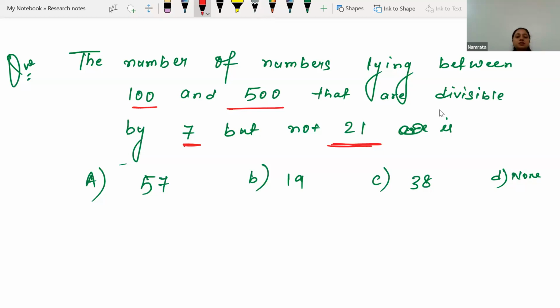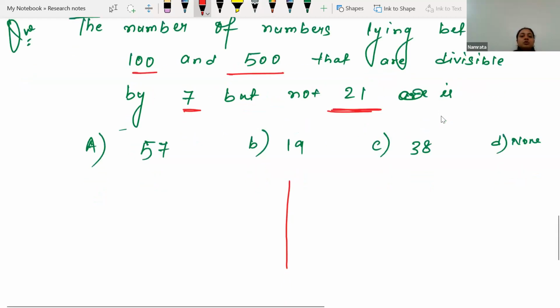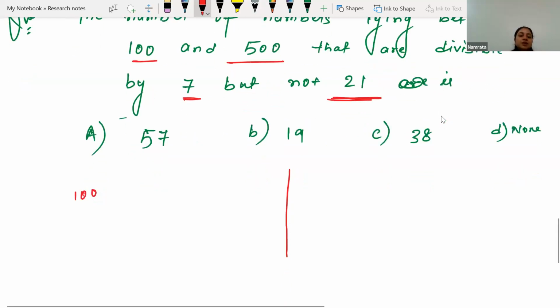First thing first, let's see how many numbers are there, just like the previous question, which are divisible by 7 in between 100 to 500. How can we do so? We can divide 100 by 7 and check it. What will be the next number which will be divisible by 7 completely? Here we can see 7 1 times 7, 7 4 times 28, remainder is 2.